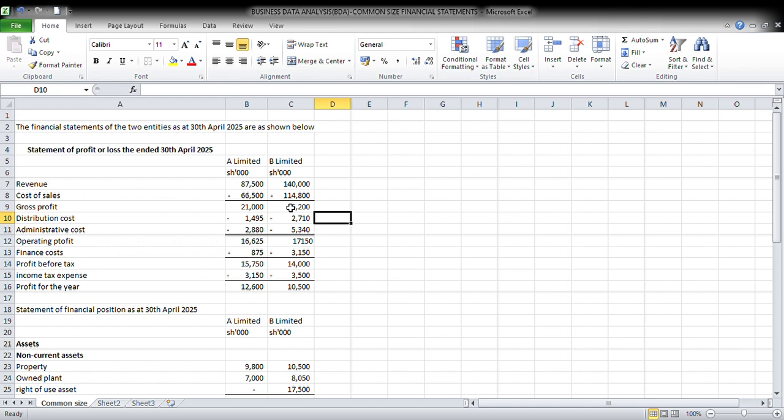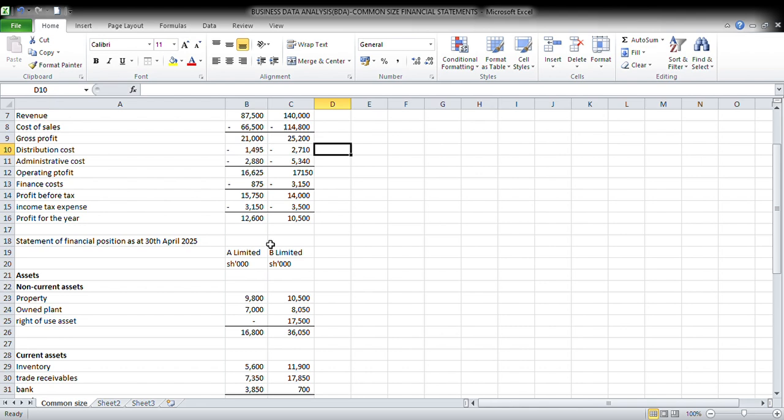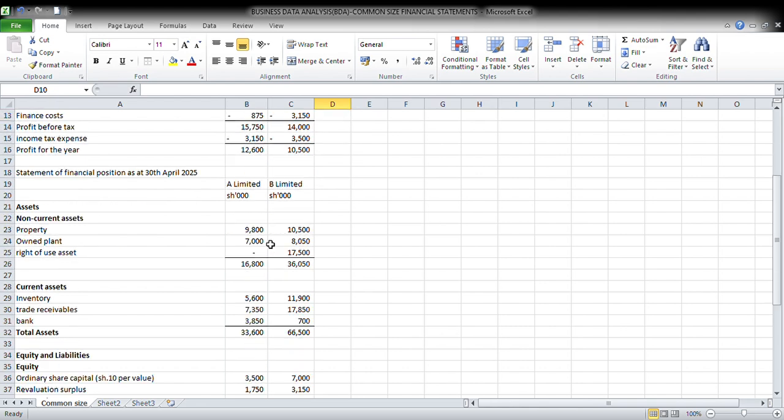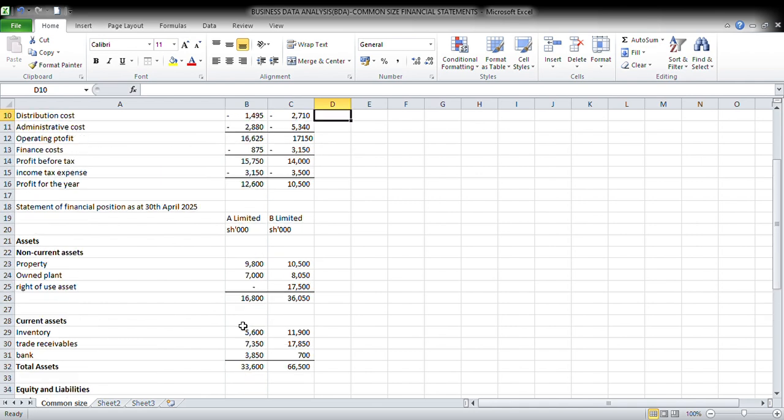For example, in the statement of profit or loss, we express each item as a percentage of the revenue. And for the statement of financial position, we express each item as a percentage of the total asset.